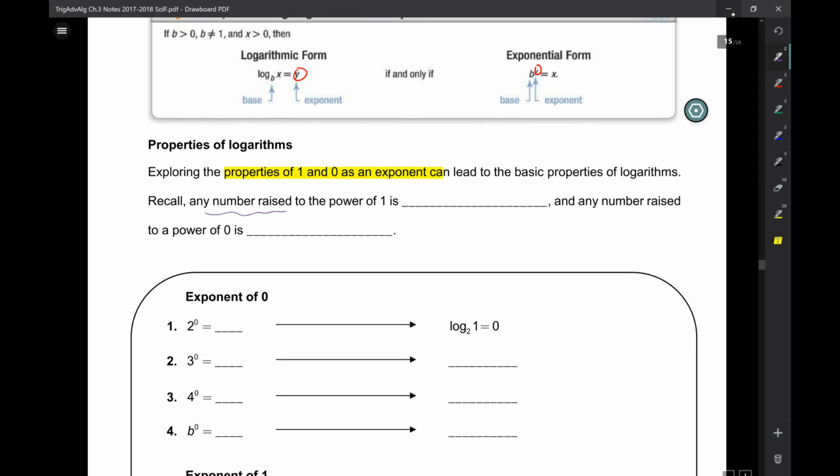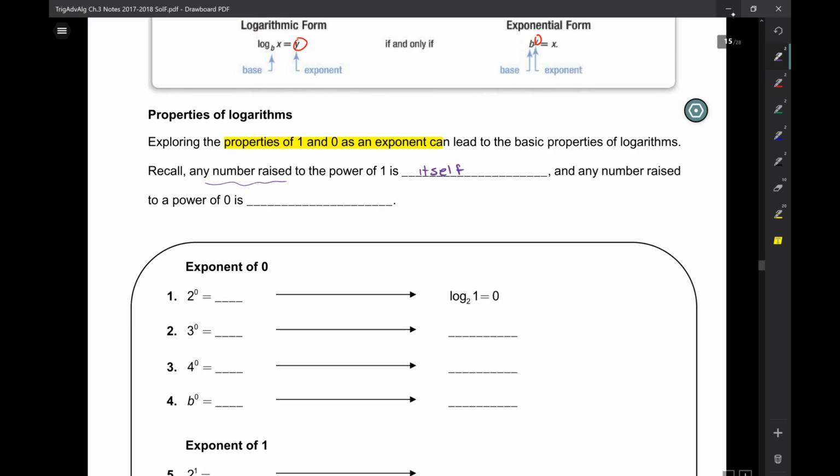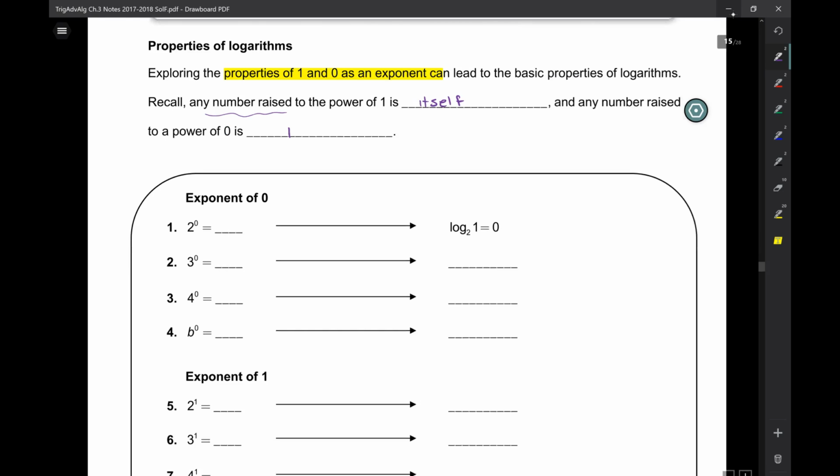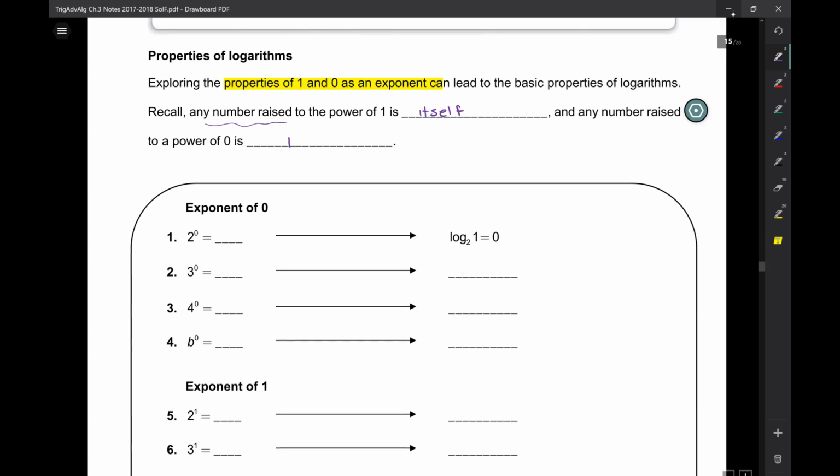Any number raised to the power of 1 will give you what? Same number, right? So for example, 5 to the power of 1, 8 to the power of 1. So any number raised to the power of 1 is itself. Okay? Any number raised to the power of 0 is what? 1.